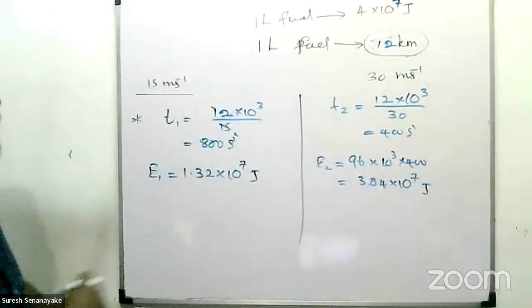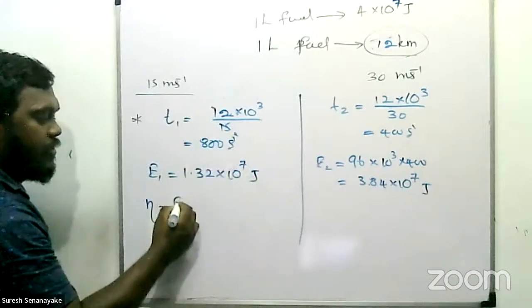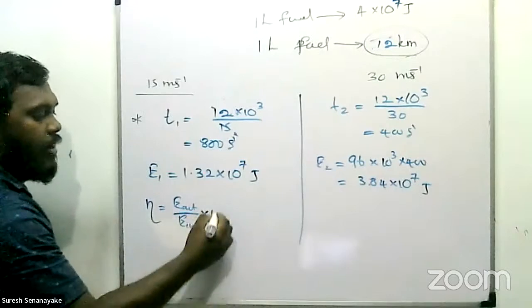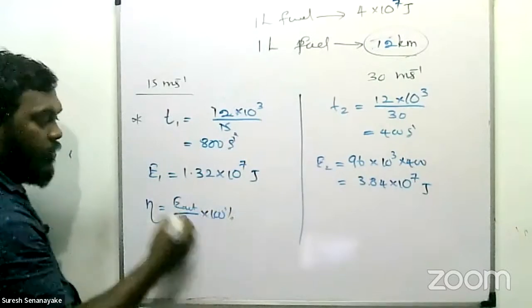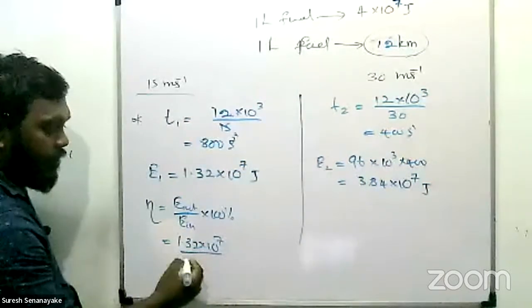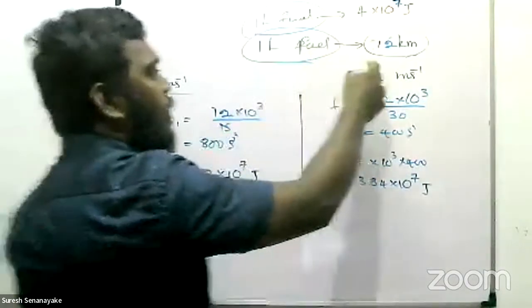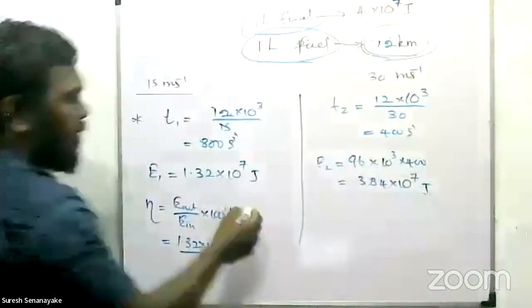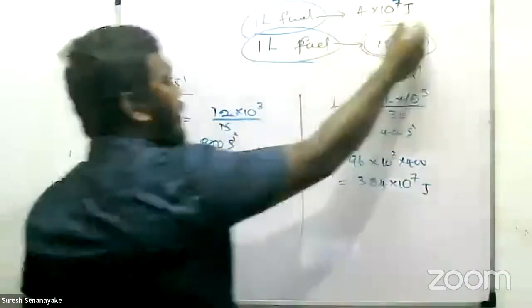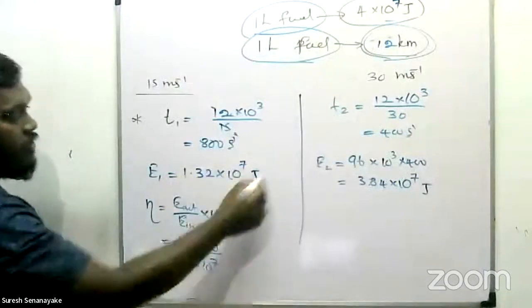Right, now we can find the efficiency of working. The efficiency equals the energy output divided by the energy input given by the fuel, multiplied by 100. The output is 2 to 7 divided by the energy of 1 liter of fuel, because I am considering 1 liter of fuel, how much distance is traveled, and based on that how much work is done by the vehicle. So 1 liter of fuel gives this much energy to the engine, but it is converted this much to the output work.